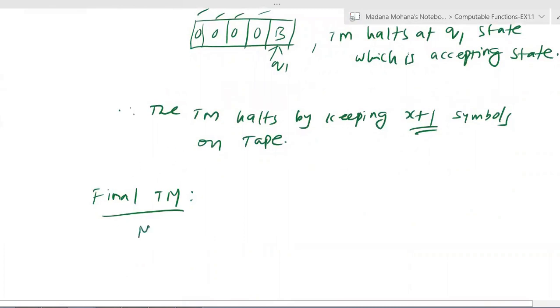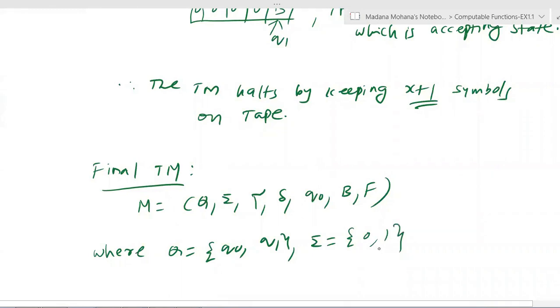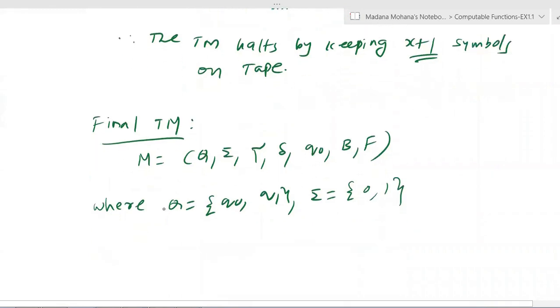A final Turing machine M equals Q, sigma, tau, delta, q naught, blank, and final state. Now write down all the tuples where Q equals, here we used only two states, that is q naught, q1. Then sigma equals what the given input contains. It contains unary, that is 0. Then we used 1 also, the encoded value separator.